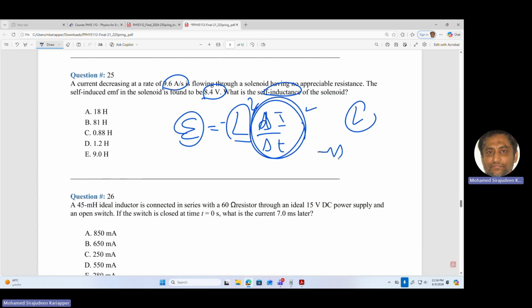How do you get the direction? Say this is the coil. It will oppose the change, right? Suppose the current is flowing to the right and it is increasing. The induced EMF from this coil should be to the left.